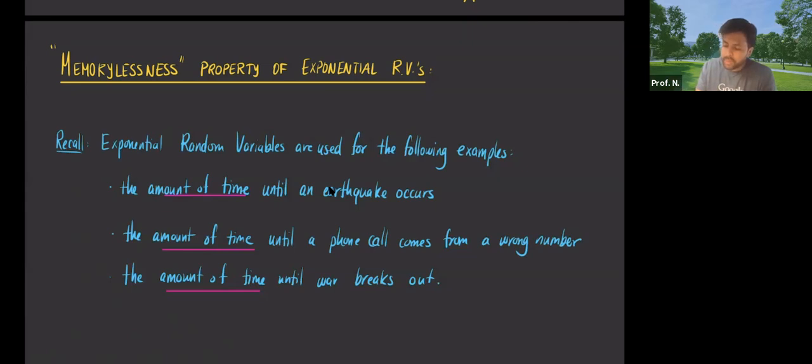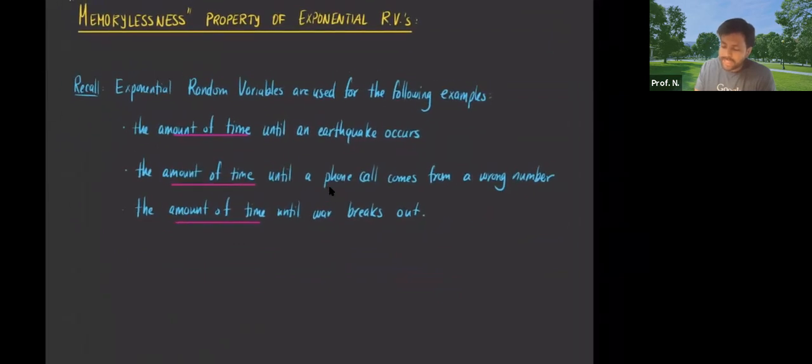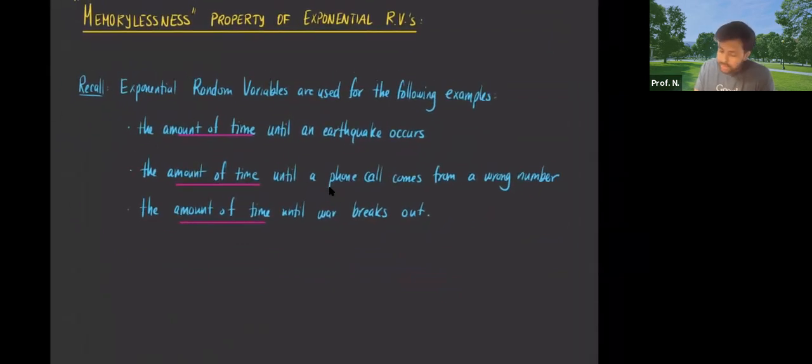But the difference is something called memorylessness. So what am I saying with that? The idea is this. Let x be exponentially distributed.